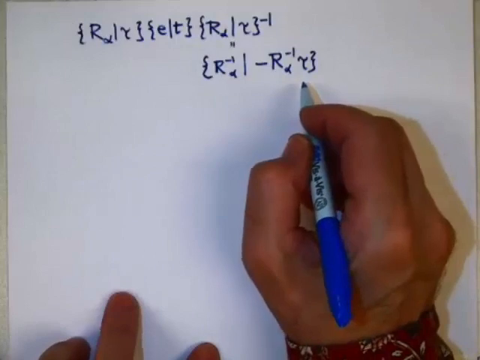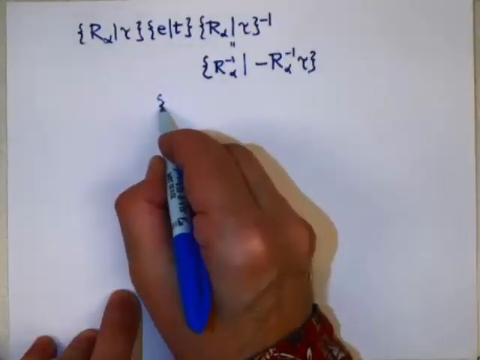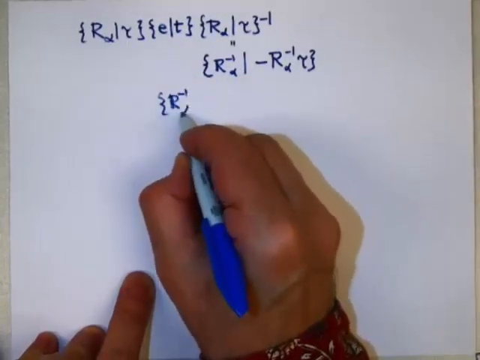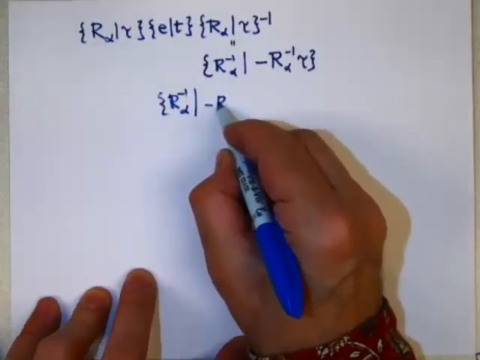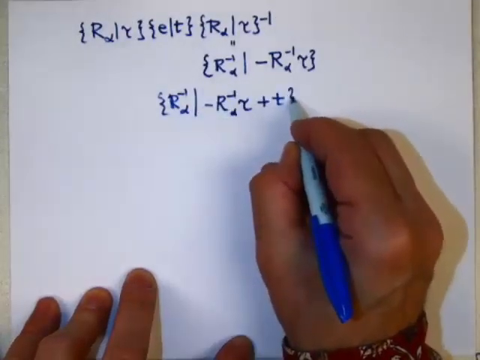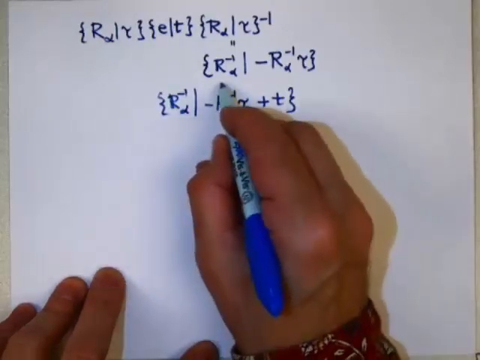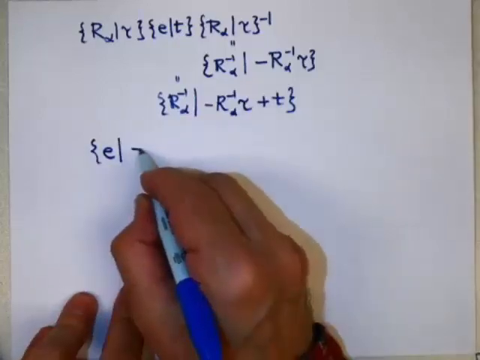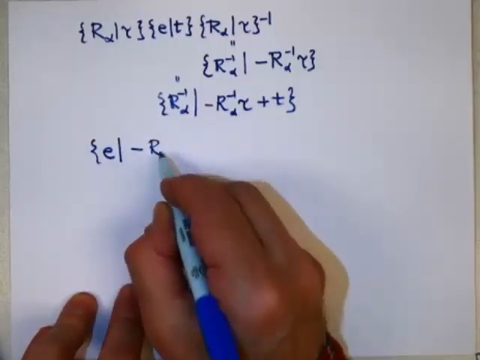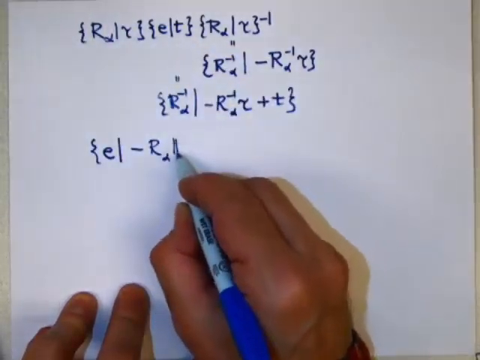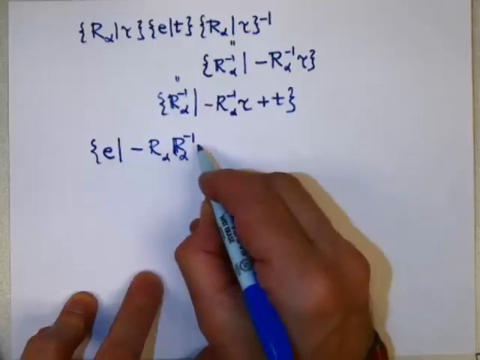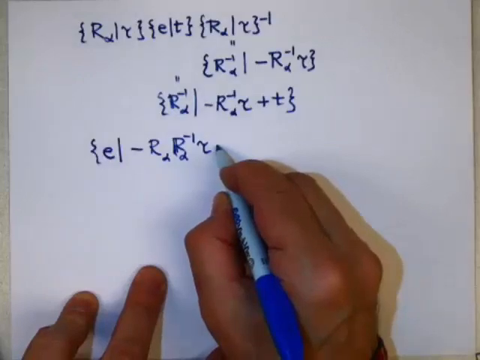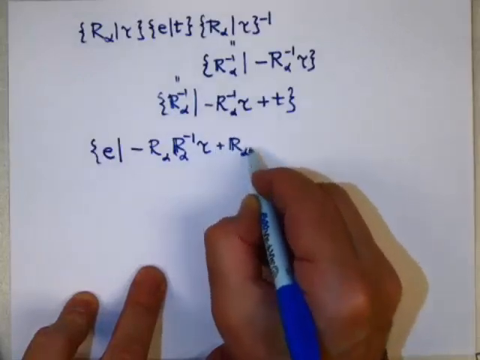Then the multiplication is very simple. Rotations are never a problem. It's just minus alpha times identity. But now you have to remember that we first act on the translation and then we translate by tau. Then we do it one more time. We have to multiply this vector by that group operation. And I get the rotation by alpha from here, rotation by inverse alpha from here, minus sign from here, acting on tau, and then we get plus rotation by alpha on the translation of the element we are looking at, plus tau.